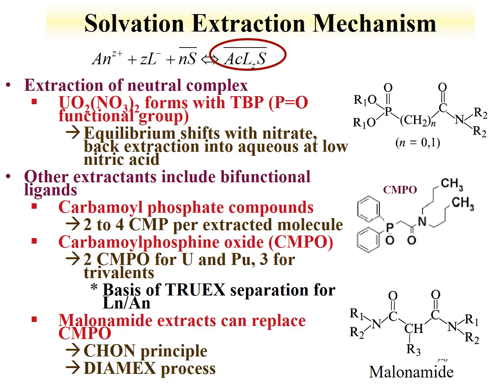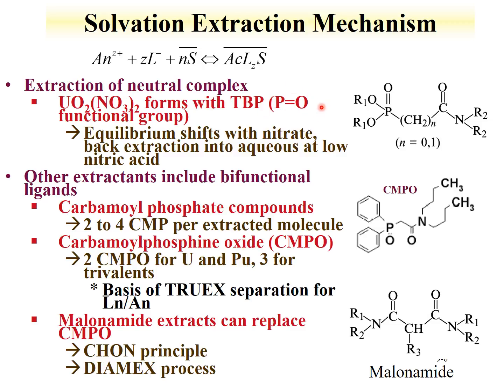Now within this reaction, the bar shown here represents the organic phase. So in this system, this starts out in the aqueous phase, and the extracted species is in the organic phase.